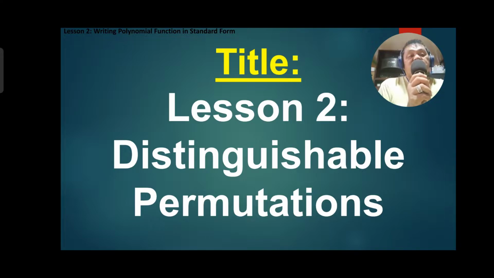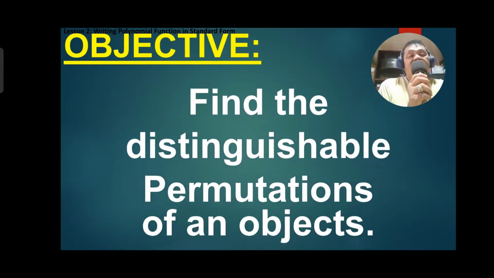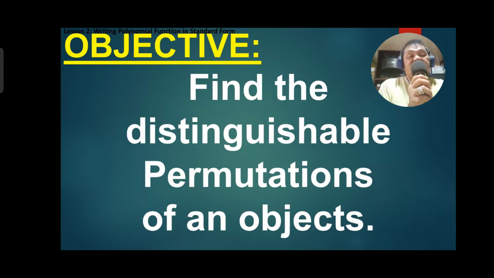At the end of this video, you can find the distinguishable permutations of an object.